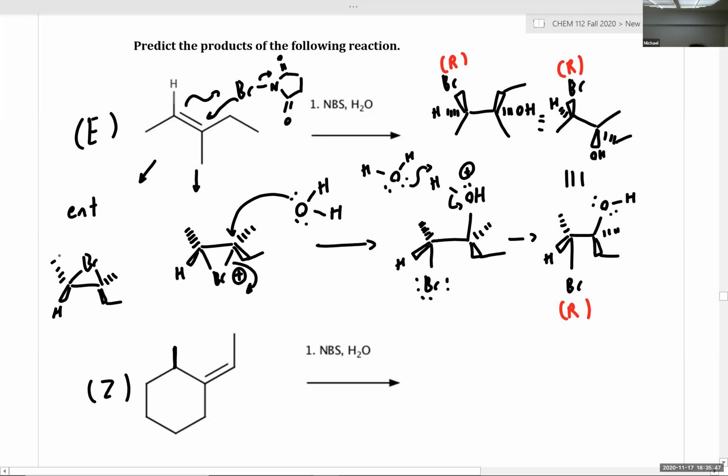And in turn, we get the enantiomeric products. You can prove that to yourself as well. So always keep in mind you get a mixture of the product and its enantiomer.